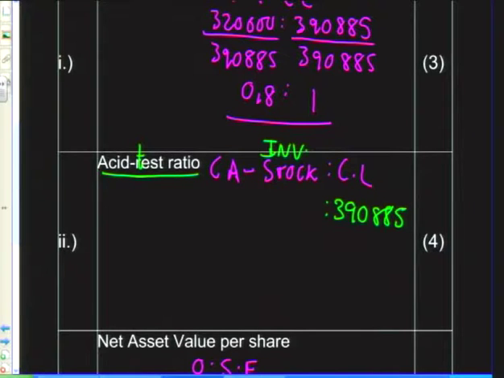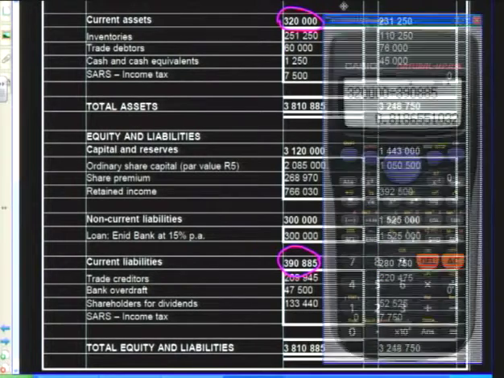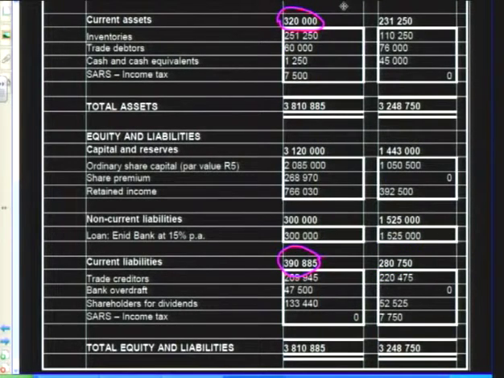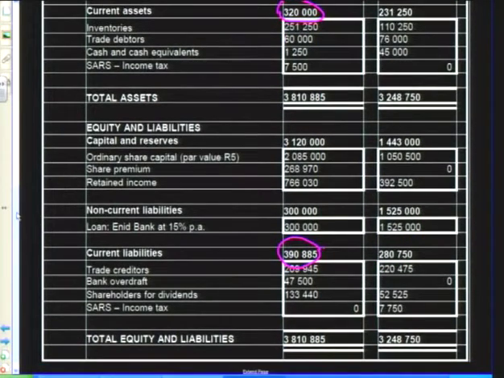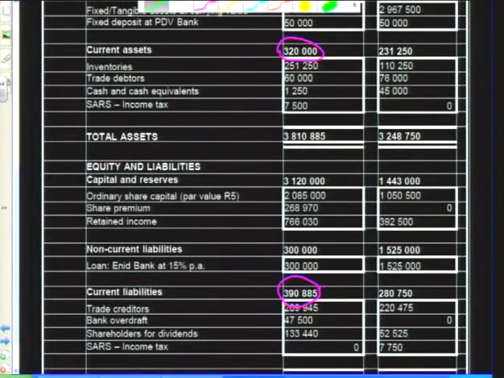My current assets, which was 320,000, I've got to now pick up my inventory amount from the balance sheet, so let's do that. Okay, so let's get rid of the calculator. Right, my inventory, that's what we're looking for, so inventory under current assets. So there's my inventory, and my inventory, quite a large amount.